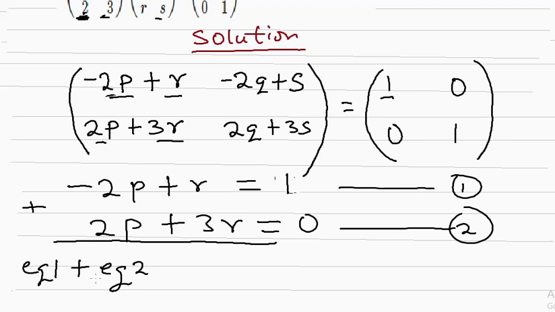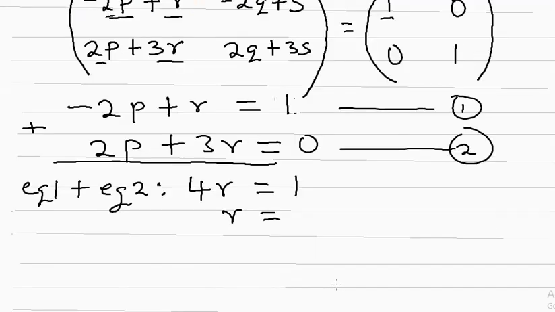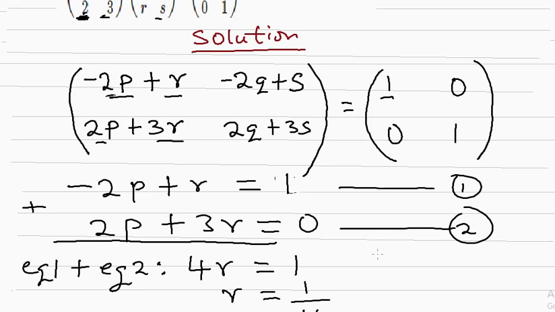Minus 2p plus 2p will give me 0, so p is eliminated. Then I have r plus 3r, that's going to give me 4r. 1 plus 0 is equal to 1. So definitely r is going to be equal to 1 all over 4. As simple as that.